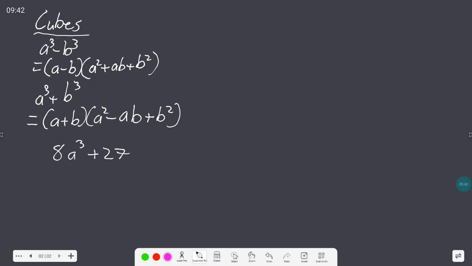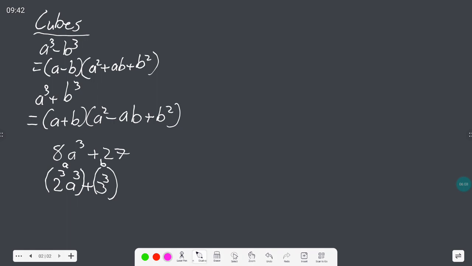If I have to break these up into their cubes, it is 2 to the power of 3, a to the power of 3, plus 3 to the power of 3. This entire part, if I use my standard formula, will be seen as a. This entire part will be seen as b.